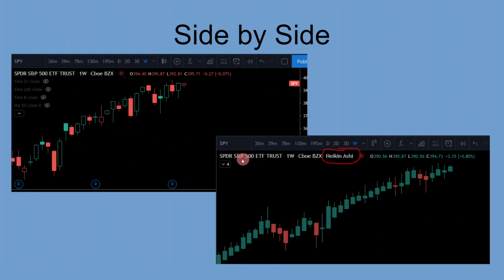Moving to the bottom right, Heiken Ashi cleans that up, and it tells you candle by candle what part of the trend you're in. Of course, the most interesting part is when these candles transition from green to red, or red to green. That's when the trend is changing for us.